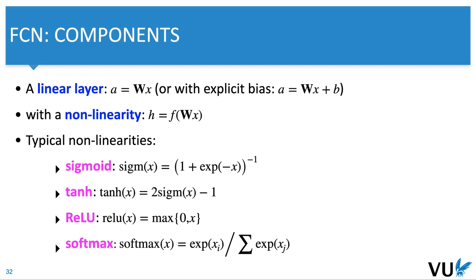First of all, the sigmoid function. This is what we know so far. It could be used either to represent probabilities or just to represent a hidden layer. Another nonlinearity is tanh. The difference between tanh and sigmoid is that tanh is between -1 and 1, and it is expressed by the sigmoid function.